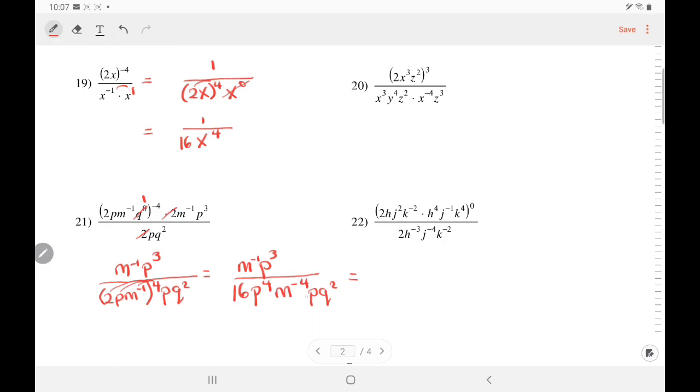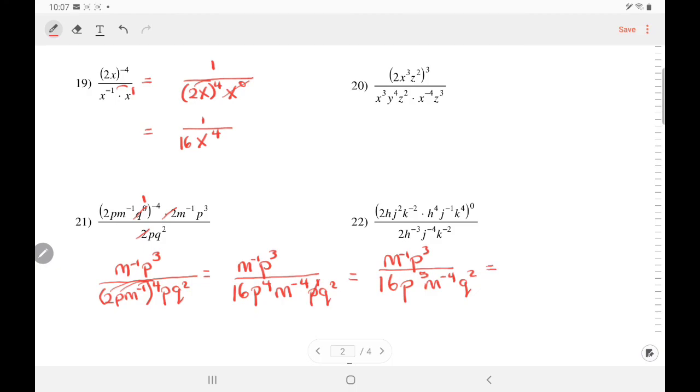Let's combine the p's on the bottom and leave the top alone for now. 16. There's an invisible 1 here, and using rule number 1, you add exponents. 4 plus 1 is 5. And then you still have the m to the negative 4, and then q squared. You used up that p.